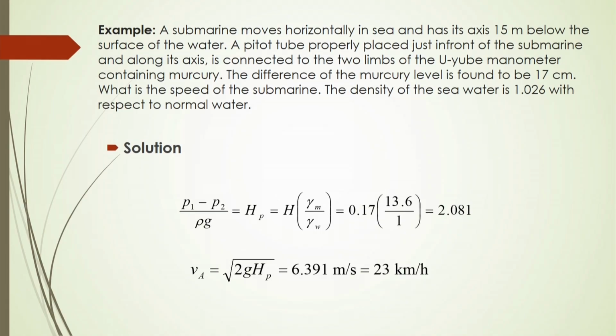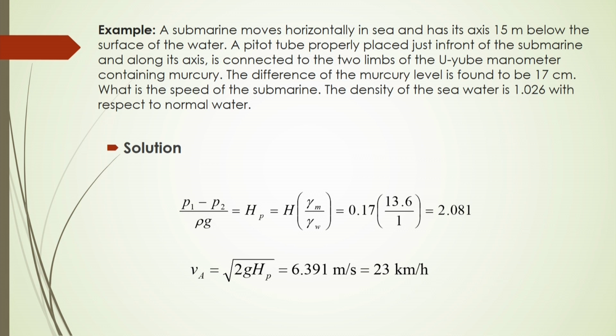Let us do an example with calculation of the theory of this pitot tube, how the velocity can be calculated. A submarine moves horizontally in the sea and has its axis 15 meters below the surface of the water.